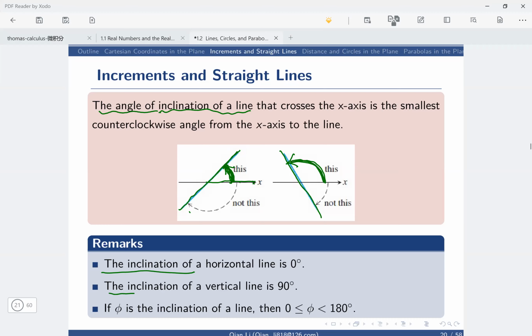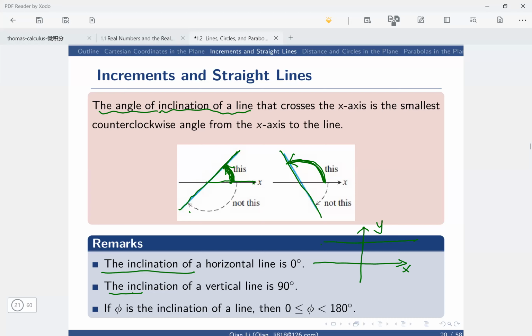And the inclination, that means this is the Cartesian coordinate, and this is the horizontal line, and the inclination of this line is 0 degrees.